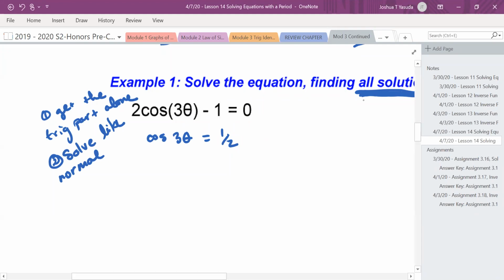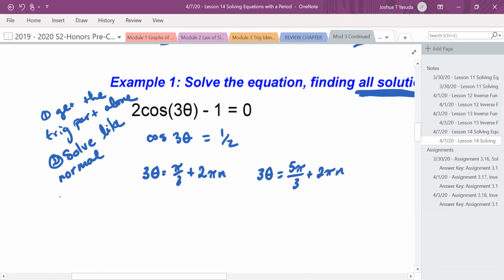All right. But instead, right, since we're finding all solutions, I'm going to say, and it's not going to be theta equals pi thirds, but it's going to be 3 theta equals pi thirds. And then normally we would add 2 pi n to find the coterminal angle, right? And then I'm going to say 3 theta equals 5 pi thirds plus 2 pi n.